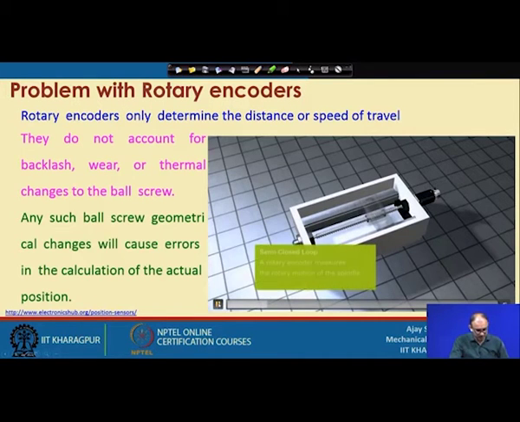Now, you know that this is the semi closed loop, because the rotary encoder measures the rotary motion of the spindle in this particular case. How do we calculate this? From the rotary motion and the screw pitch, the control calculates the position of the axis, because you first find the pitch of that particular screw, and based on the rotation it finds the exact linear position of the axis.